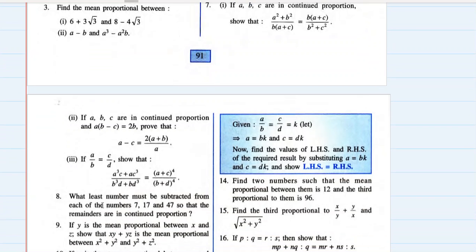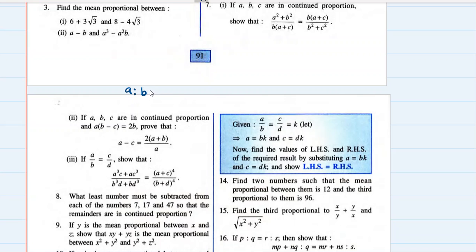Was that Priyam who asked me this doubt? Yes, sir. Priyam, can you tell me, when A, B, and C are in continued proportion, what do you understand from it? Sir, A is to B is equal to B is to C.